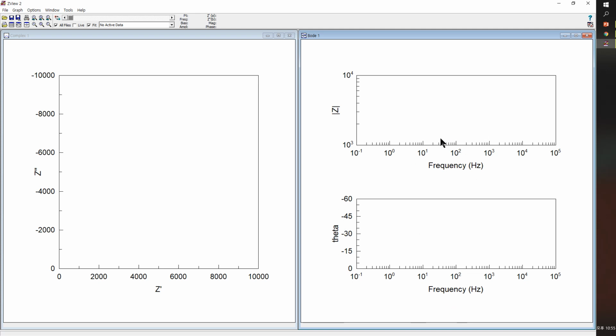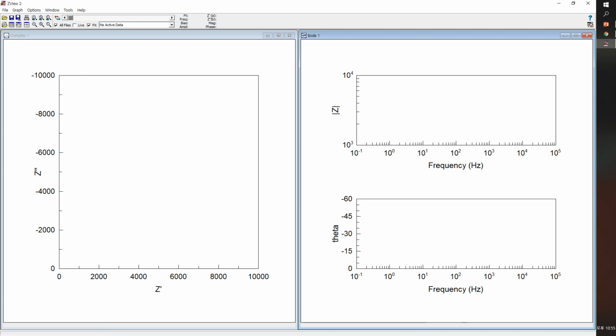Those two are called Bode diagrams, B-O-D-E. Right now we have empty Nyquist plots and Bode plots because we don't have any data here. So at the very first place, I'd like to simulate some impedance spectra by using equivalent circuit models.